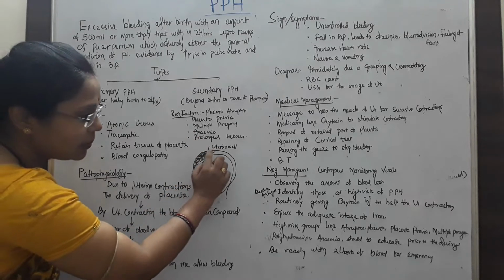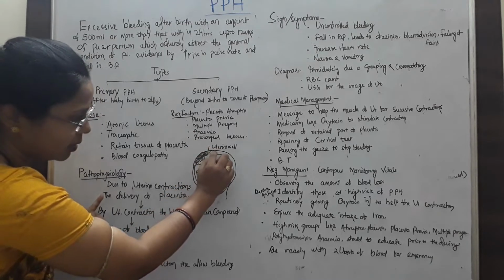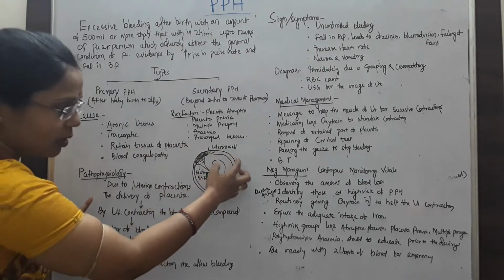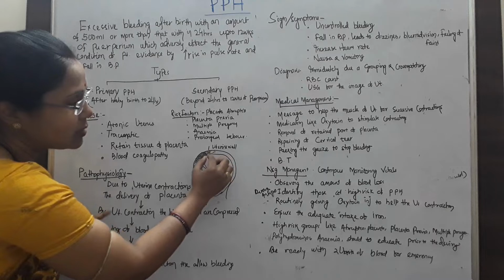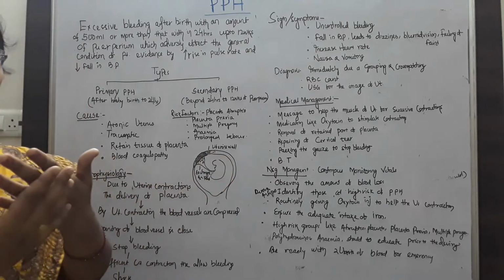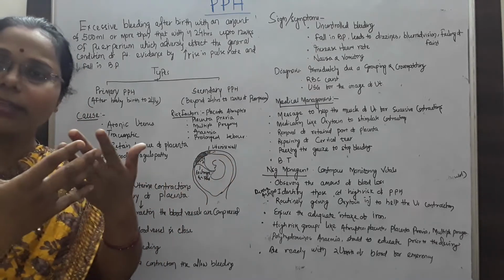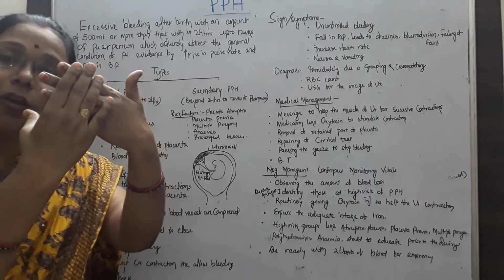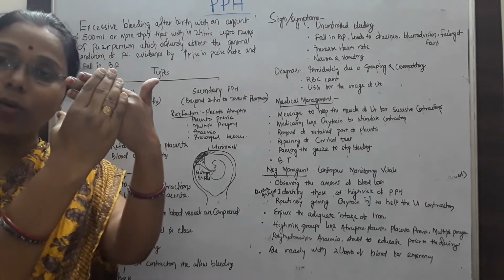In that case, if the uterine contraction is not successively done by the uterus, the vessels at the retained part remain open. The vessels are interconnected. During contraction, the vessels close and the openings are closed.